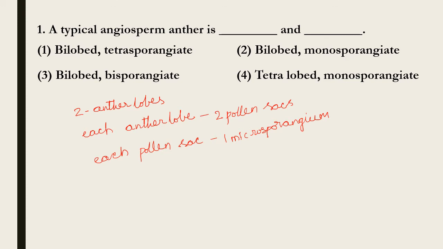So now let's see: two anther lobes means bilobed. One is correct.